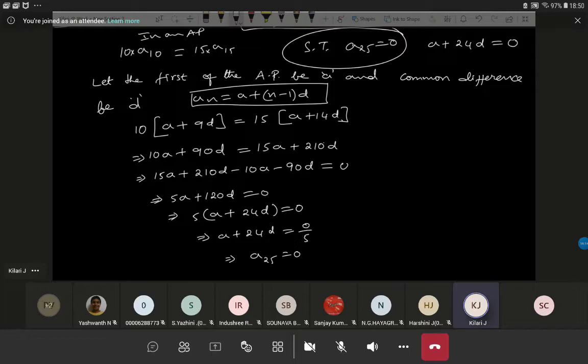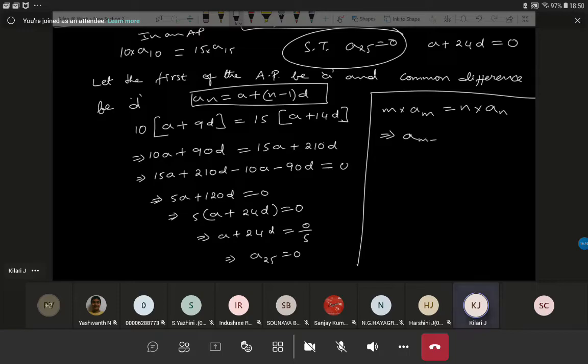In generalized form, not only for the relation between the 10th term and the 15th term, but in general, in any arithmetic progression, if m times the mth term is equal to n times the nth term, then definitely it implies that the (m plus n)th term will be 0.